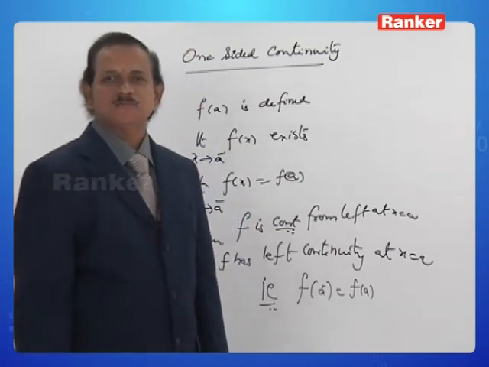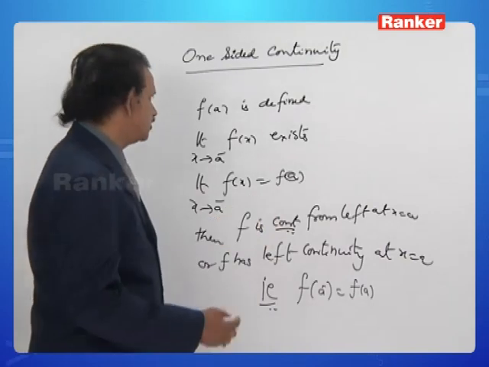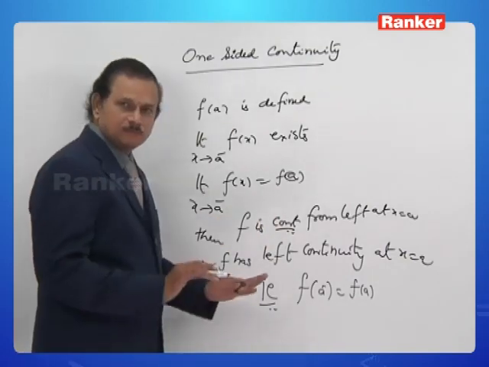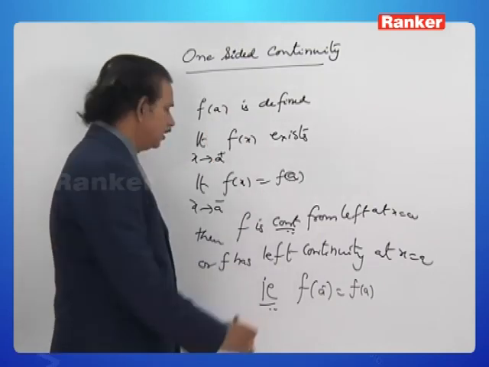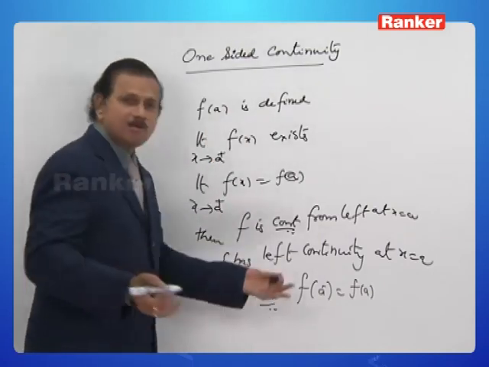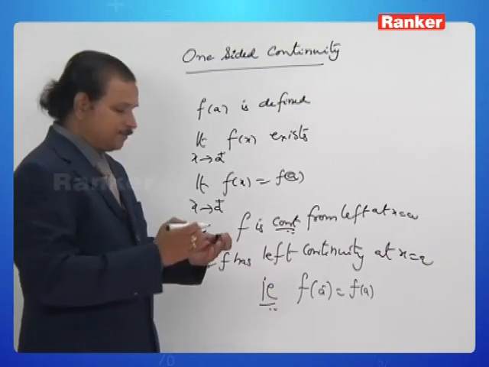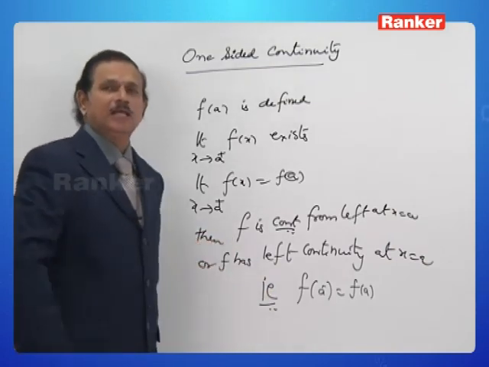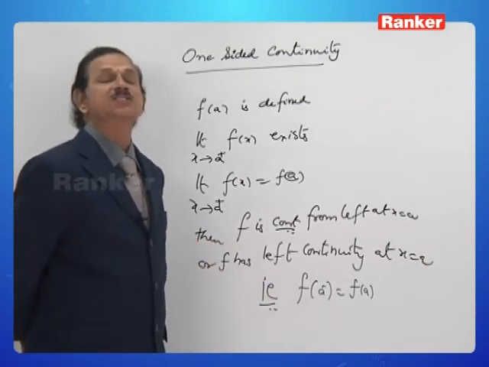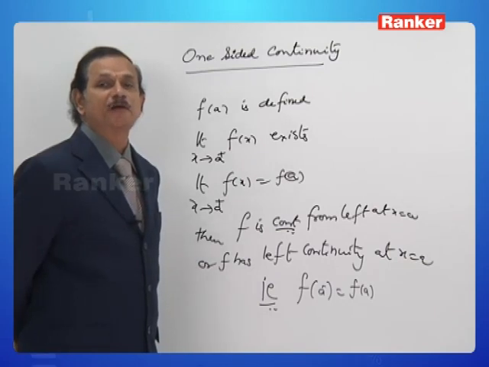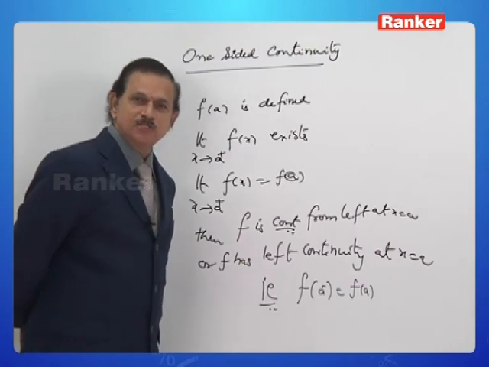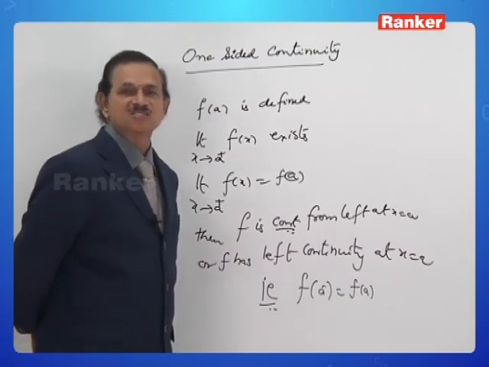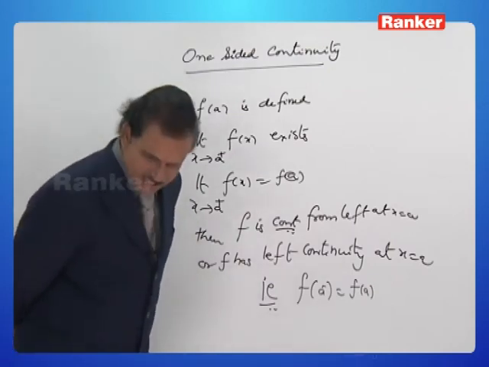Why not? We can. How? Observe this. First condition, no change. Second condition, like this. Third condition, that's all. If you speak of left hand limit only, then it is corresponding to left continuity. If you speak of right hand limit only, it is corresponding to the right continuity.